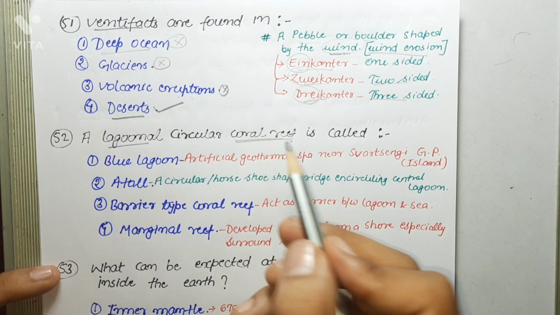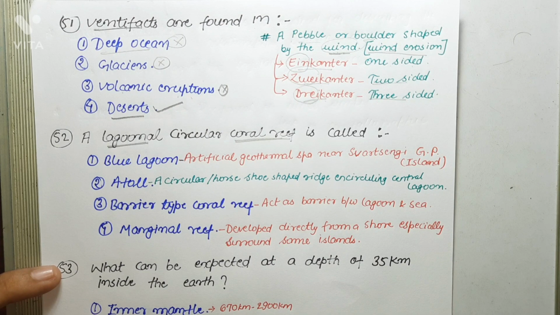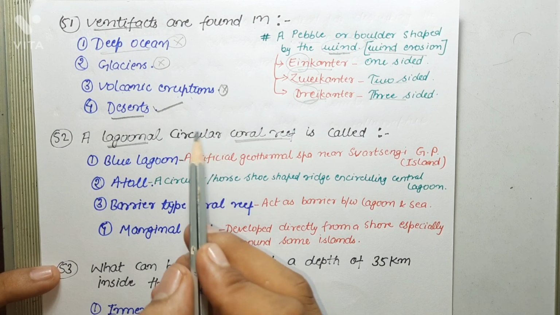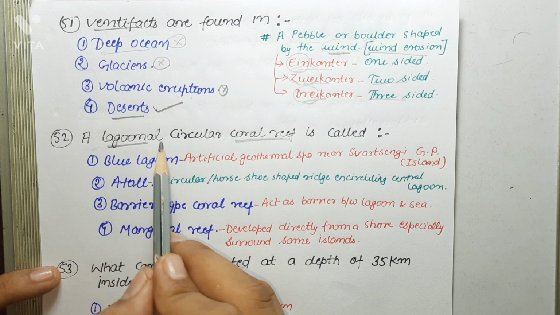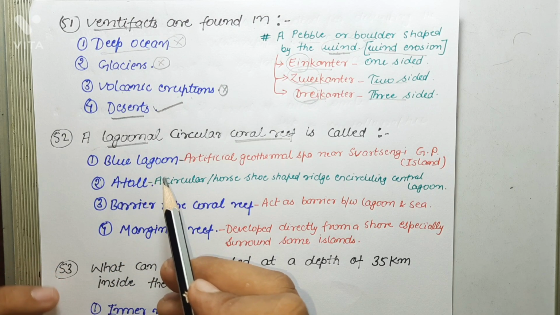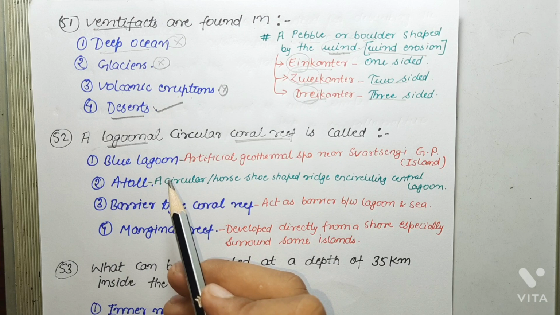Now what is a lagoon? A lagoon is a shallow body of water which is separated from a larger body of water. So now this is asking about a type of coral reef. Coral reefs are basically of three types: number one is fringing reef, second is barrier reef, and third is atoll, and these three mark the successive growth of coral reef.